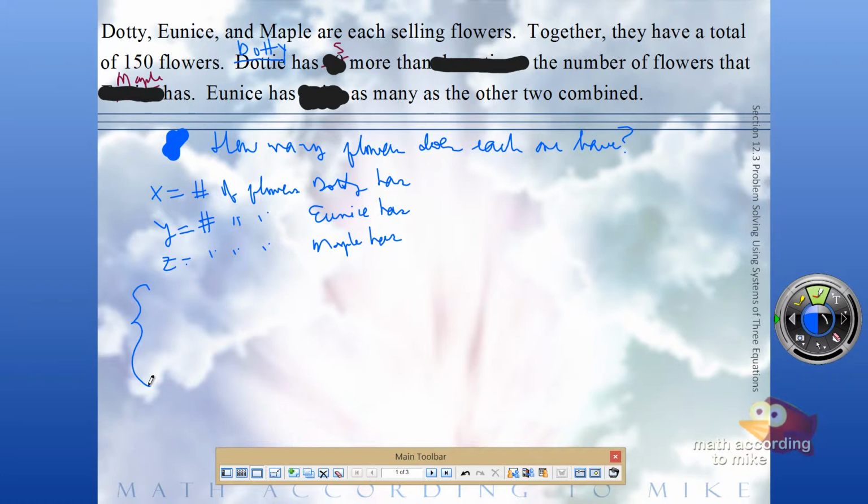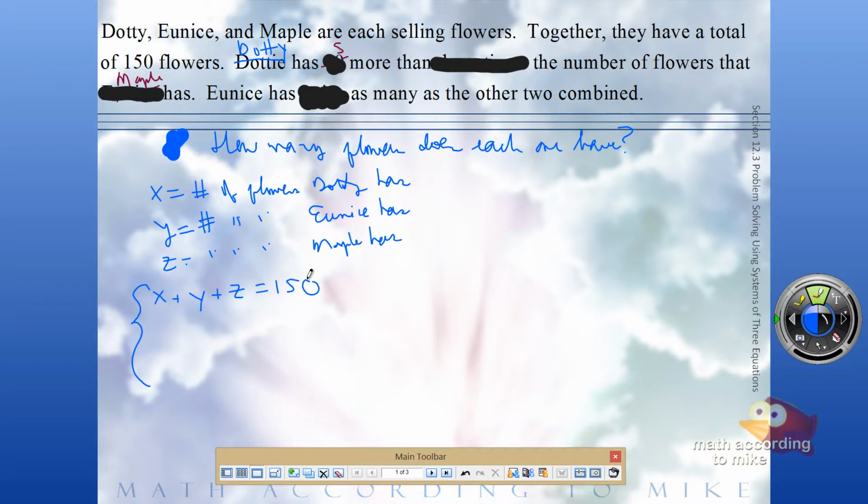Let's turn this into a system of equations now. In this type of example, each sentence pretty much becomes an equation. The first sentence is just there to set up the problem. The second sentence says, together they have a total of 150 flowers. Well, that's the equation that says the number of flowers Dottie has, plus the number of flowers Eunice has, plus the number of flowers Maple has, is 150. Next up, Dottie has 5 more than the number of flowers Maple has.